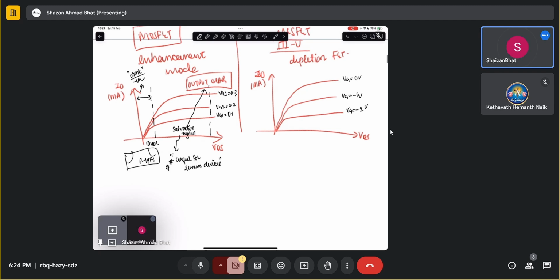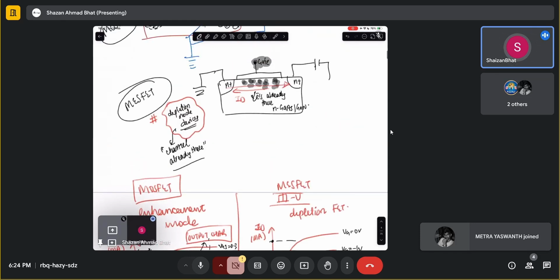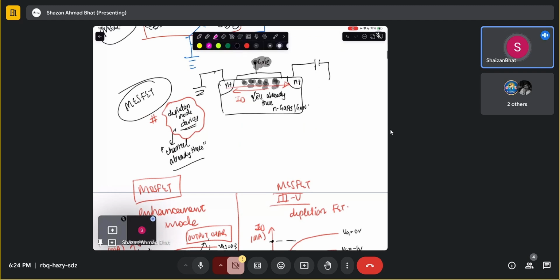As you increase the gate voltage in the negative direction, the ID is reducing. So this is for 0 VG, this is for minus 1 VG, this is for minus 2 VG. That means if you apply more and more negative voltage on the gate, you are depleting the channel. You are removing the electrons which are present here.